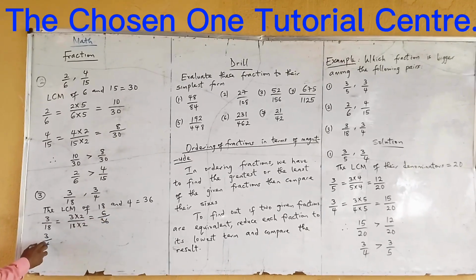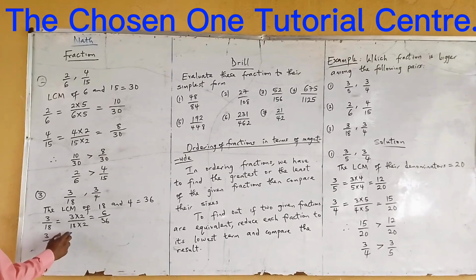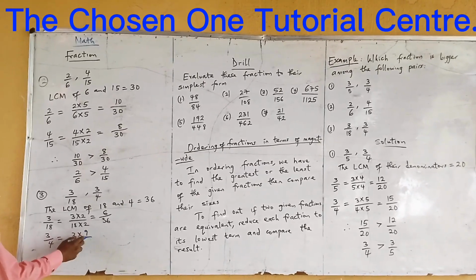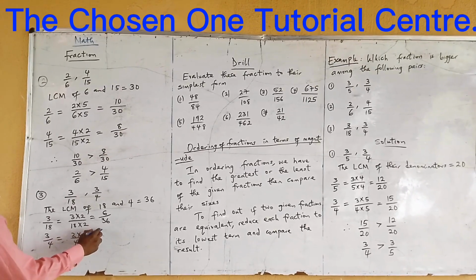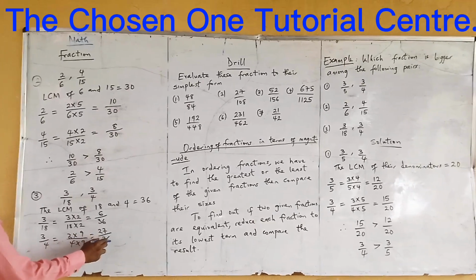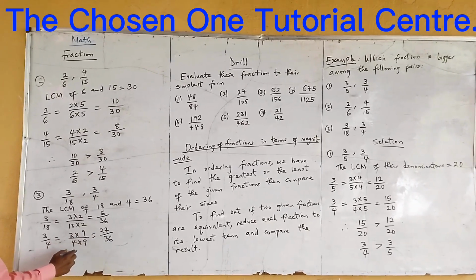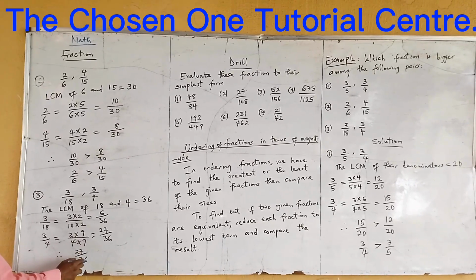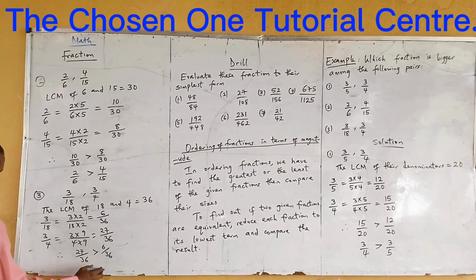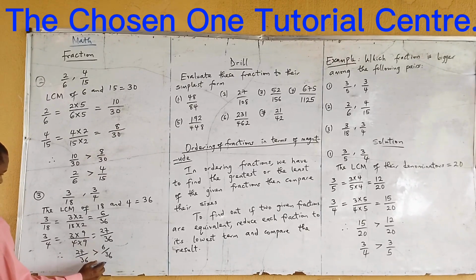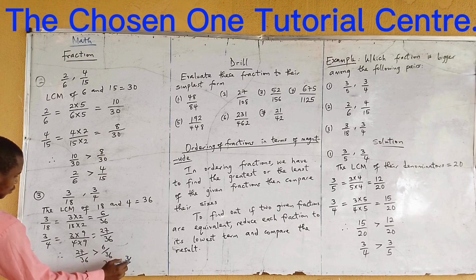And 3 over 4 is going to give us 3 times 9 over 4 times 9. And that will be 27 over 36. So therefore, 27 over 36 is greater than 6 over 36. And that is, 3 over 4 is greater than 3 over 18.